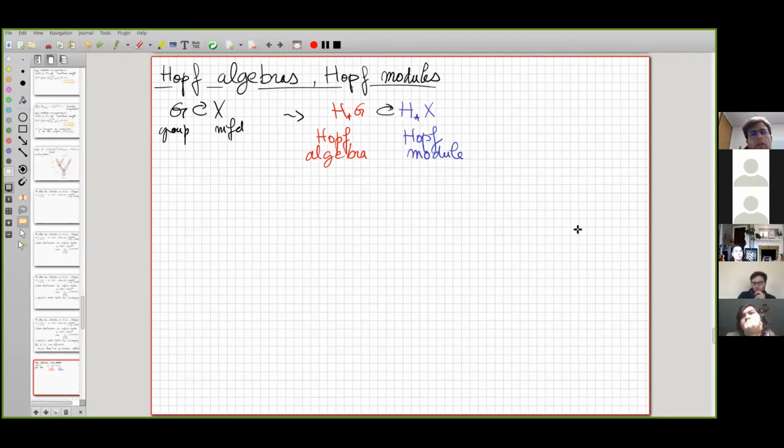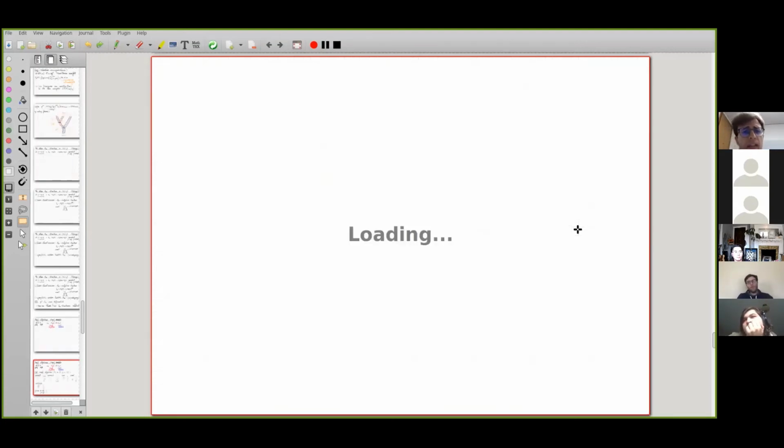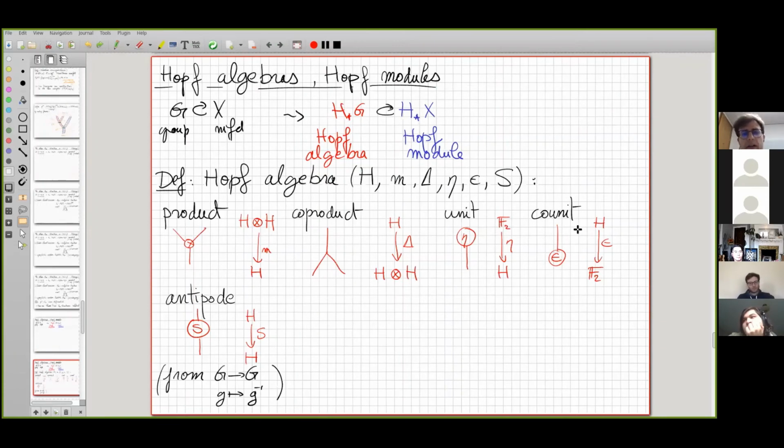Then look at the induced action at the homology level: the homology of G is the prototype of a Hopf algebra, while the homology of X will be the prototype of a Hopf module. A Hopf algebra would be a vector space, let's say, with a multiplication, a co-multiplication, a unit, a co-unit, and an antipode.